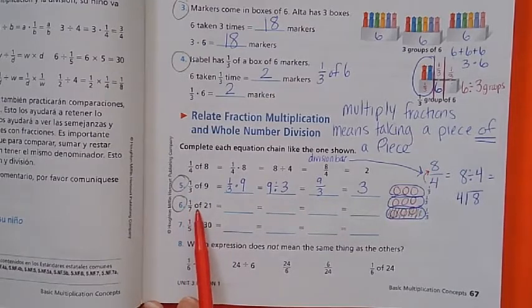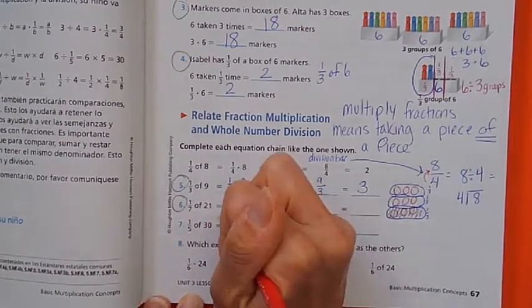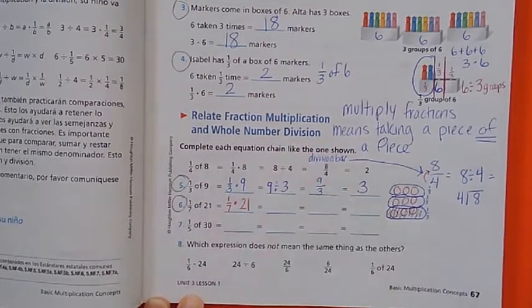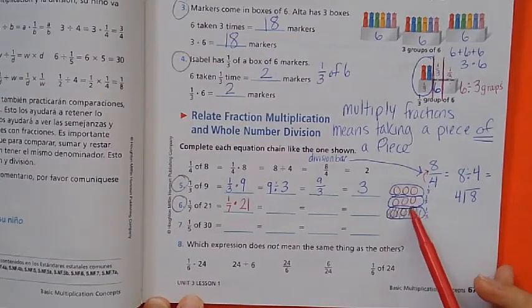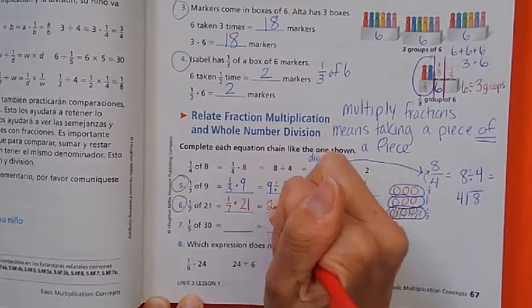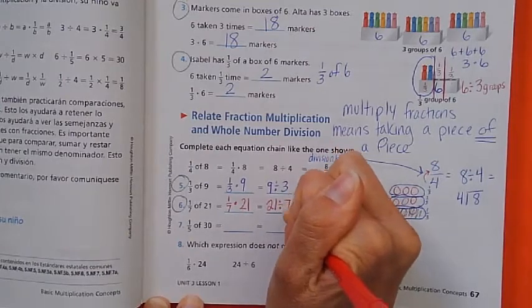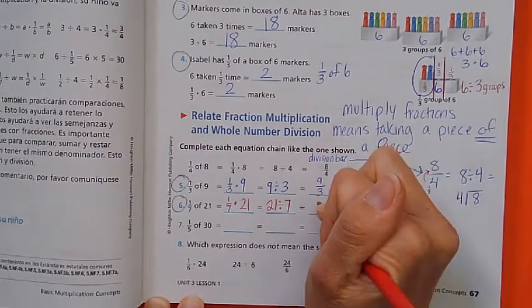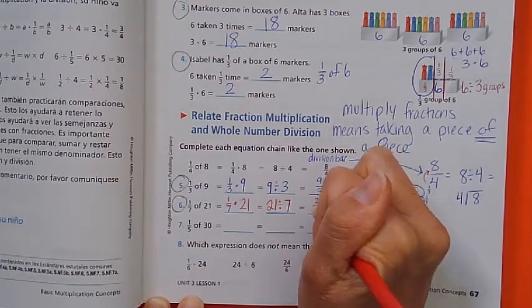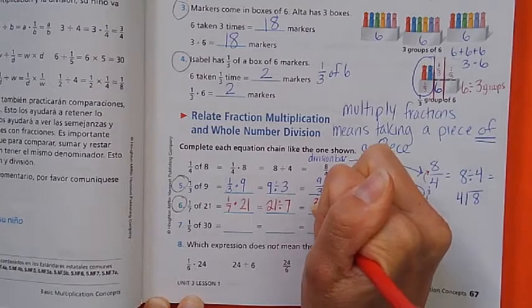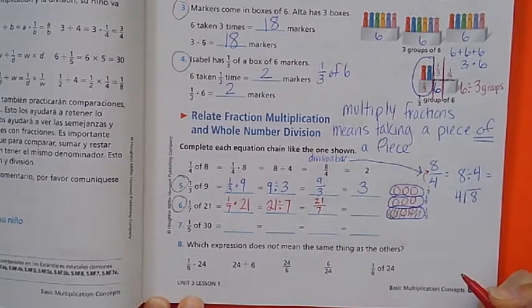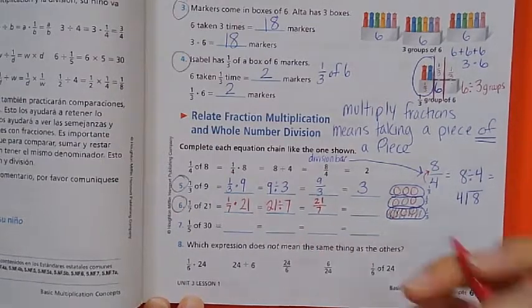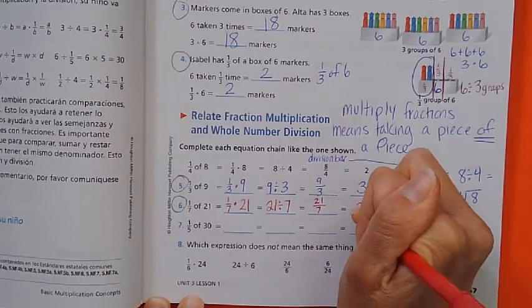So 1/7 of 21, which means 1/7 times 21. Now, just like we did with the 9 and splitting it into 3 groups, we're taking 21 and dividing it into 7 groups. So we're looking to find out how much is in each of those groups. So 21 divided by 7 is a way that we can solve this problem. 7 goes into 21 3 times.